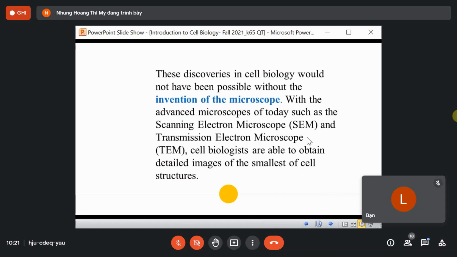With these instruments, you can observe small molecules inside the cell in the nanometer range. With the normal or light microscope, we can observe only the micrometer range. But with the electron microscope, you can observe things below the micrometer size, at the nanometer size.